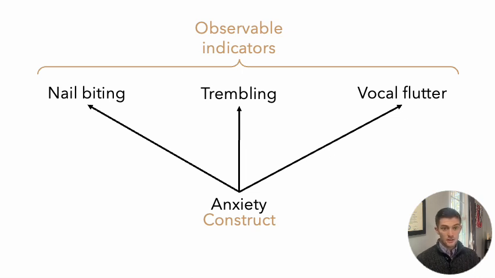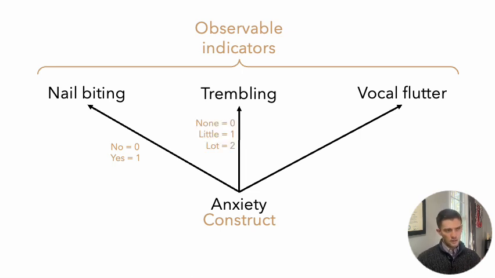So if we want to measure anxiety, what do we do? Well, one approach would be to say, okay, we're going to come up with a set of rules, a principled procedure, operation for converting these observable things into a number where that number will represent the underlying mental phenomenon. So just in this kind of toy example, if the person's biting their nails, maybe the rule is you get 1 point.